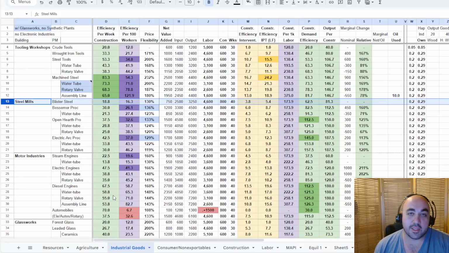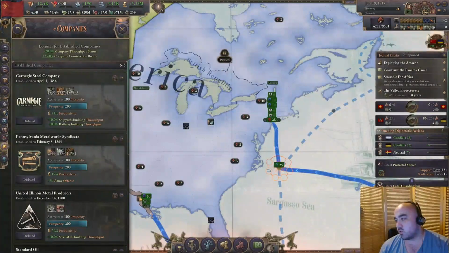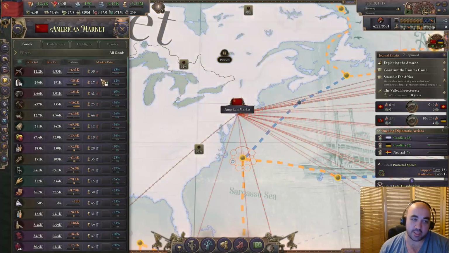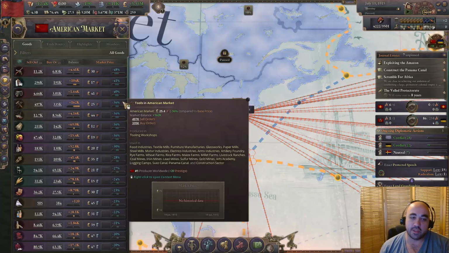Steel's maybe not a good example, but in the case of something like tools, if we pull down the steel price slightly because we have a lot of iron and we spam the iron, and we pull down the equilibrium on this, and then we pull down the equilibrium further on tools by having a tooling company as well, or even a steel company as well. If we hit multiple links in the chain, then we can get a very, very cheap steel price or tools price, for example, which makes it easy for us, strategically speaking, to do stuff like dump tools into other countries' economies.